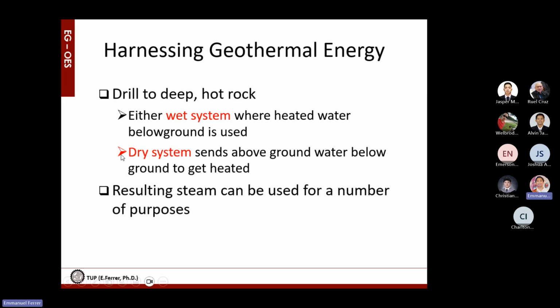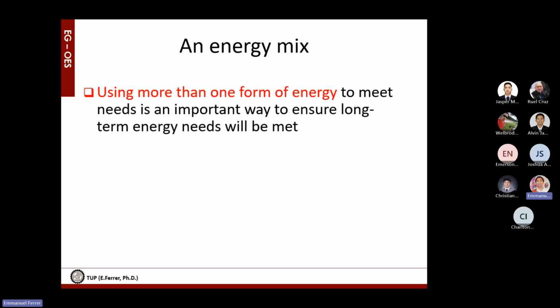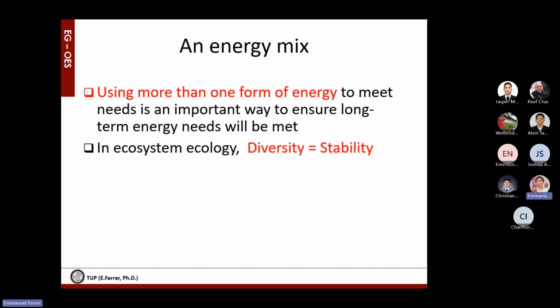Okay, so the resulting steam can be used for a number of purposes, of course, for heating and for power generation. Okay, so to close, this is the energy mix. Let's say I have a slide on the energy mix for the Philippines. But by definition, an energy mix is using more than one form of energy to meet energy demand.